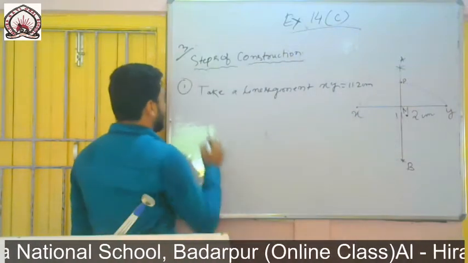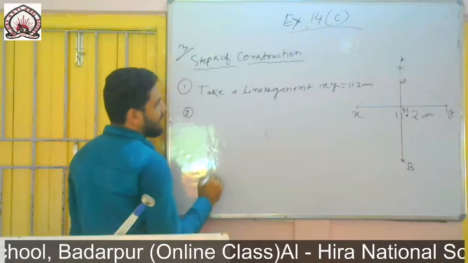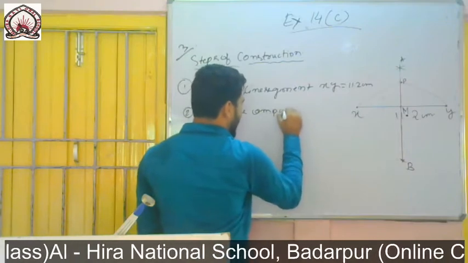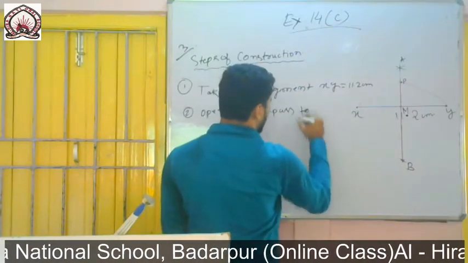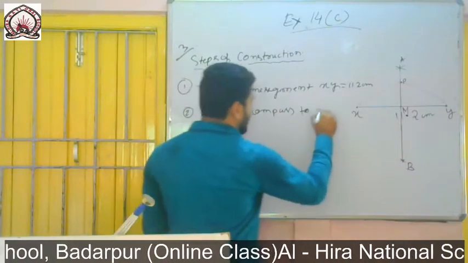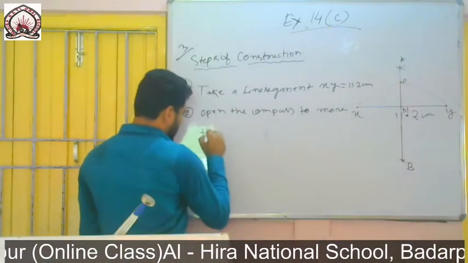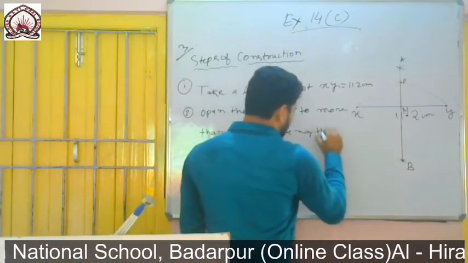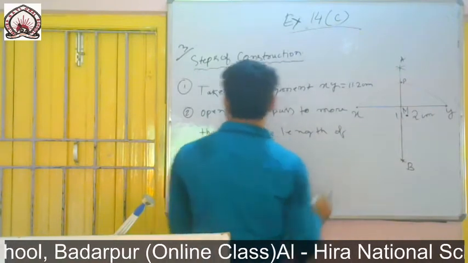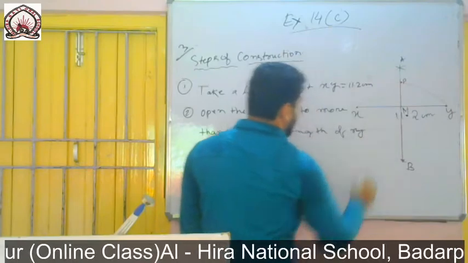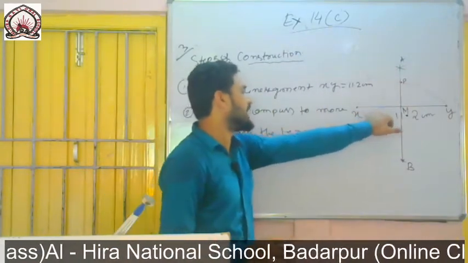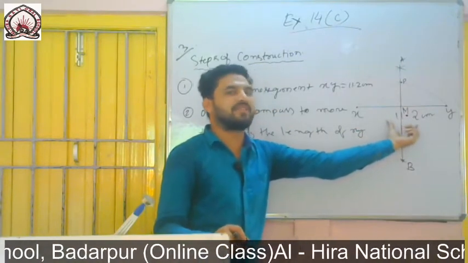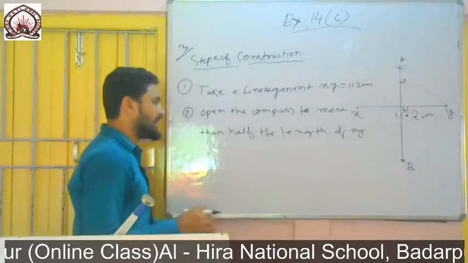Number two, open the compass to more than half the length of XY. As we have done earlier, we'll take more than half of XY. The half of 11.2 is 5.6, so we'll take 5.7 or more than that.